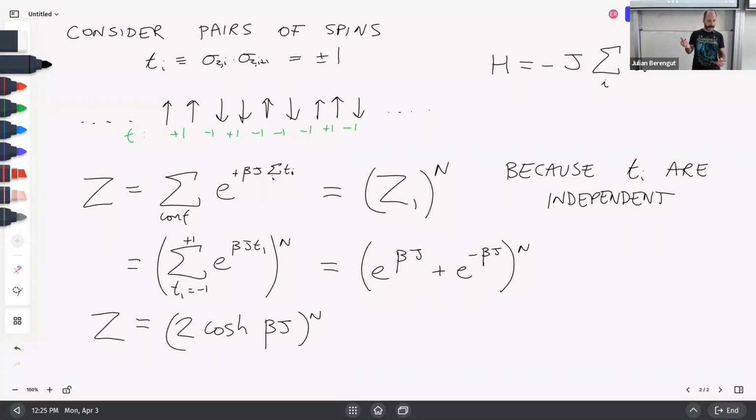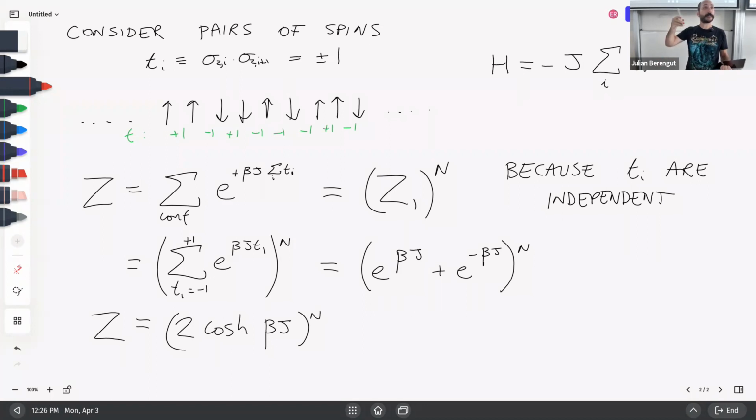The only thing I would want to add now is to look at the correlation between spins. They're independent in the sense that you can build a system with arbitrary t_i. And the energy is the sum of those t_i, and each t_i does not affect any of the other ones in terms of the energy. You're thinking, oh, if I flip a spin, I change two t_i.